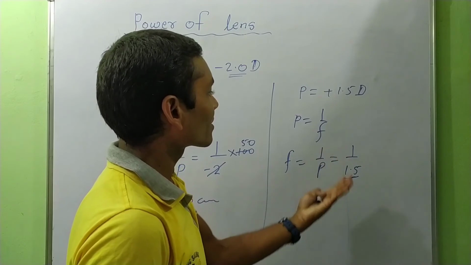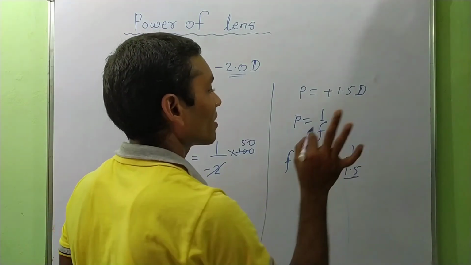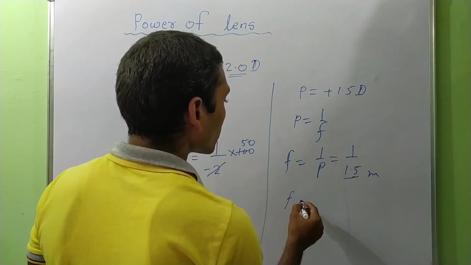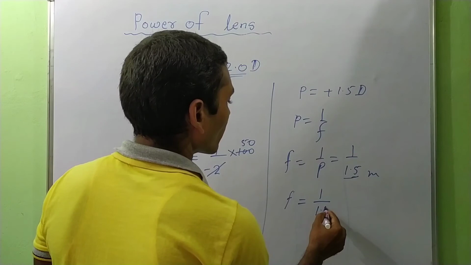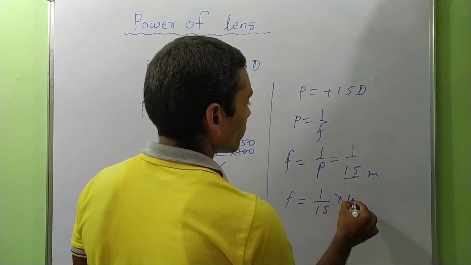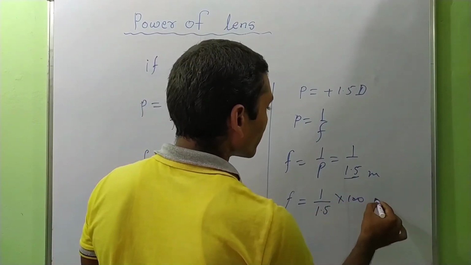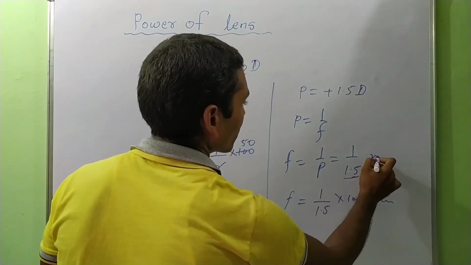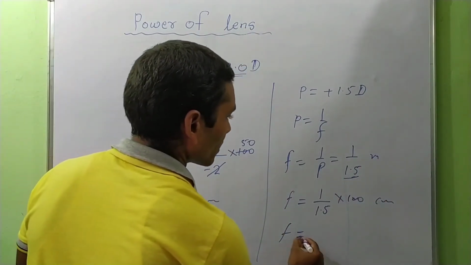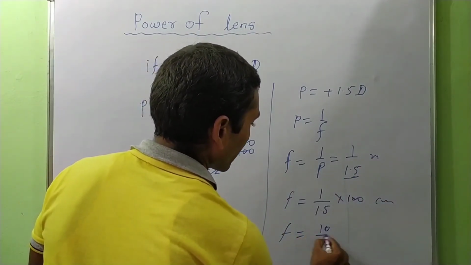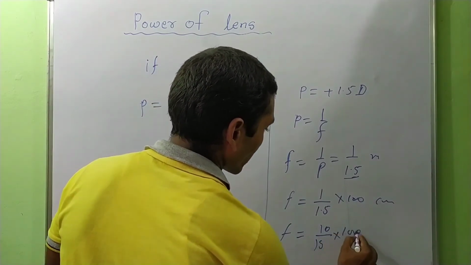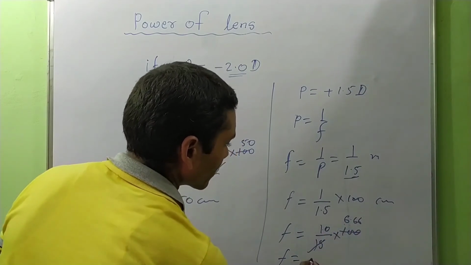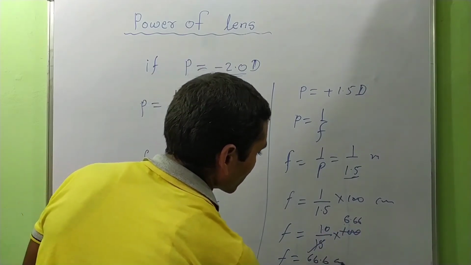To convert it in centimeter, we have to multiply here by 100. So f in meter, now 1 upon 1.5 into 100, then it will be in centimeter. So 10 upon 15 into 100. So f will be equal to 10 into 6.66 equals 66.6 centimeter.